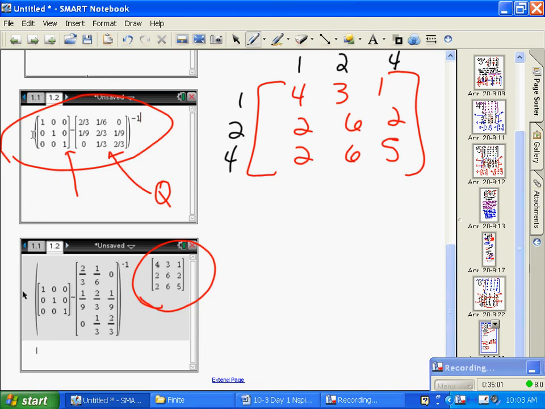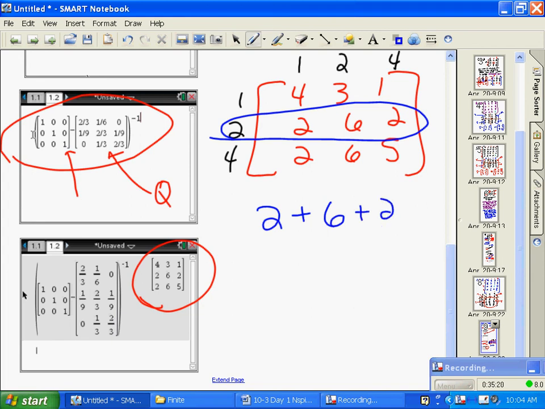Now I do that because it tells me that this mouse begins in state 2. If the mouse begins in state 2, this is the row I'm going to look at. The mouse stayed in state 1 twice, it stayed in state 2 6 times, and state 4 2 times. So before it got to a room that it could not get out of, before it was absorbed, it was in other rooms 10 times.